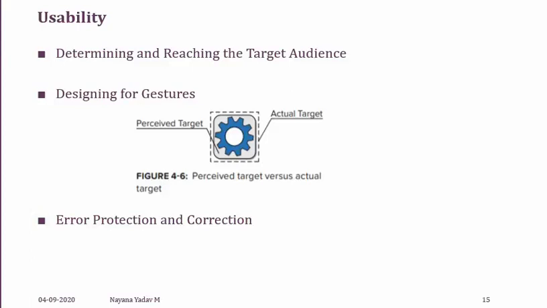You can say an application is usable if, first, you determine and reach the target audience. If usability should be there, we need to determine who the audience is, who is going to use our application, and what they are going to do.